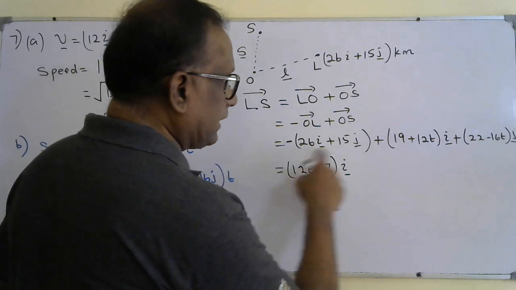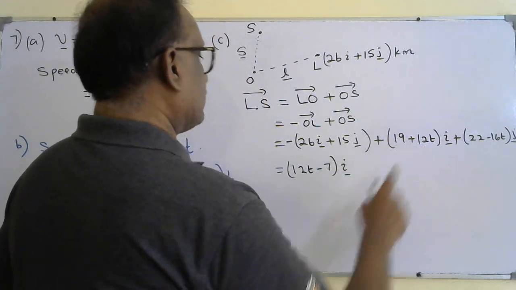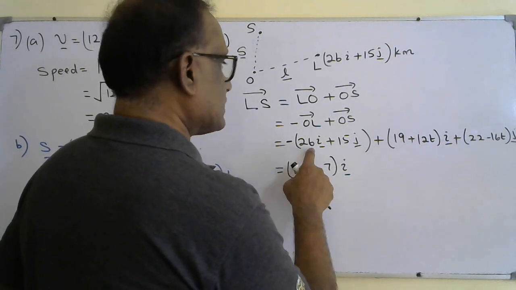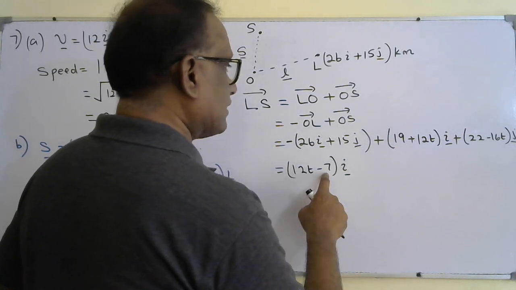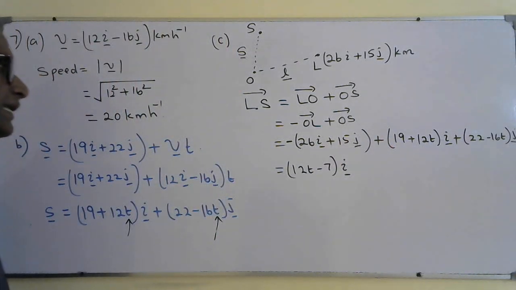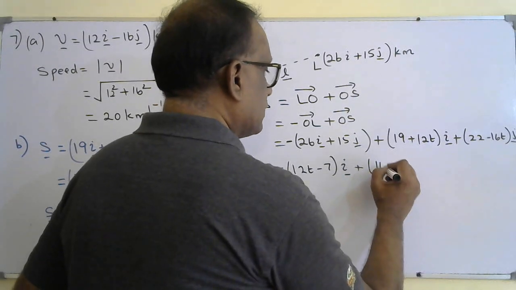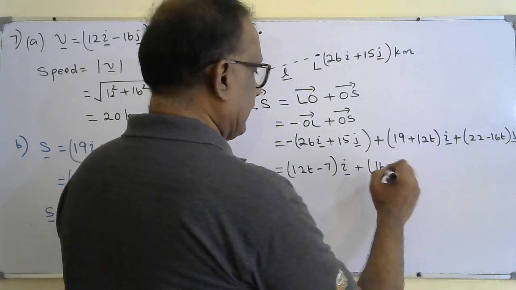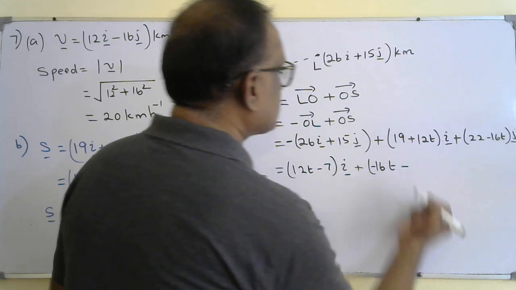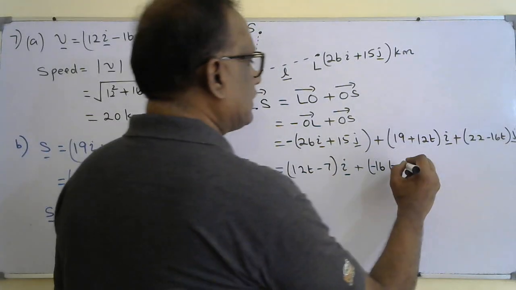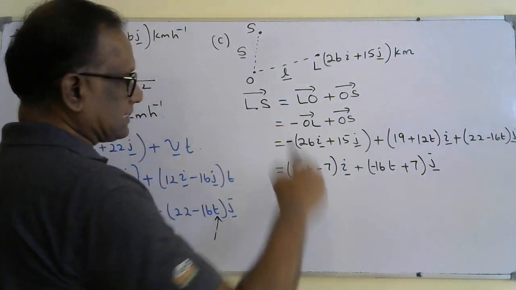So here 26i, here 19i plus 12t, so that's minus 26 plus 19, it's going to be minus 7, 12t, yes. So 12t minus 7 i plus minus 16t plus 7 j, that is the vector LS.